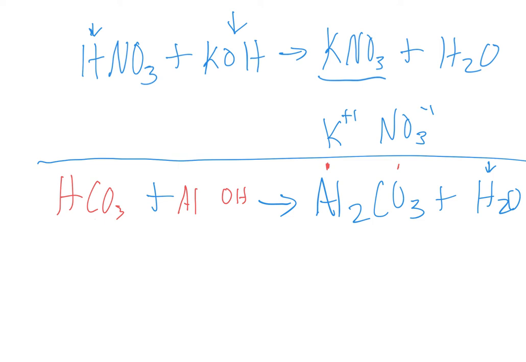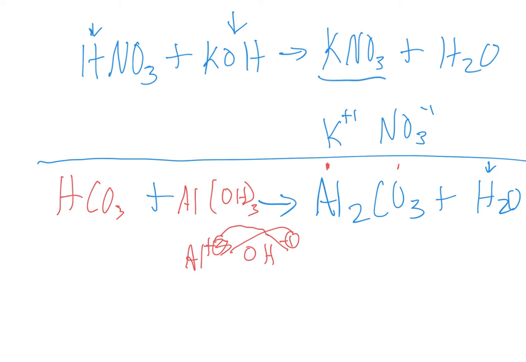So aluminum, as we know, is +3, and OH is -1, right? So we do the switch, it goes over here. So it's going to be Al(OH)3. That's the correct formula for that.